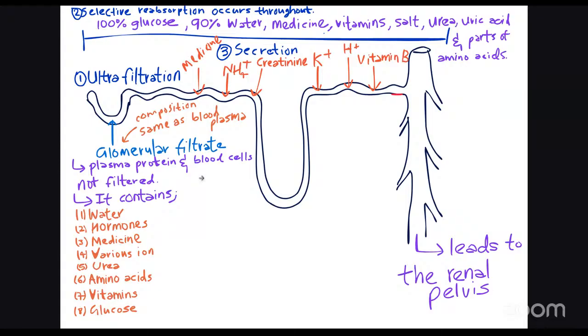But in your textbook, it has been given that the composition of the glomerular filtrate is the same as blood plasma, which means obviously blood plasma does not contain blood cells. So that's what they mean by that. So you're going to have similar composition. Please know that. If they give you an MCQ, they can ask which of the following has the same composition as blood plasma, and if glomerular filtrate is an option, go for it.